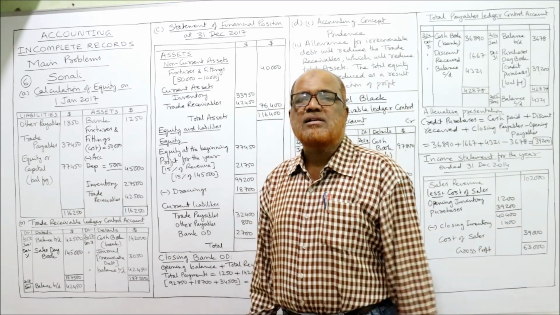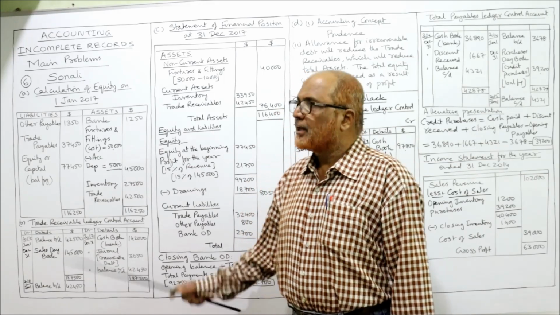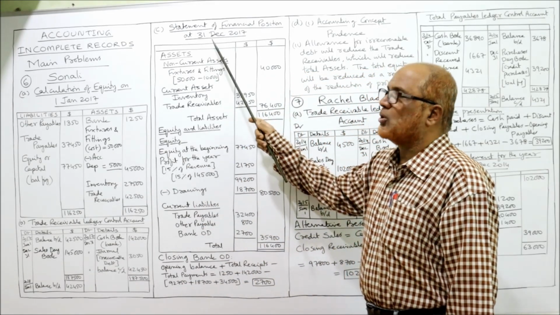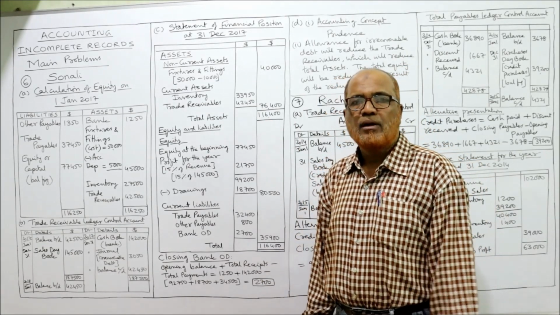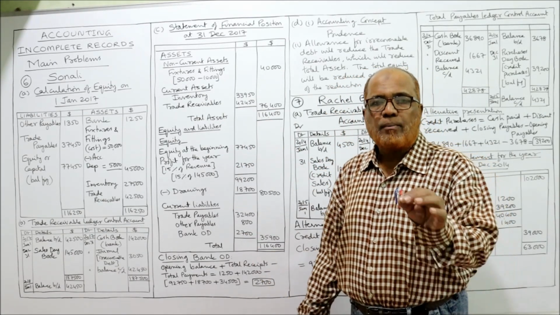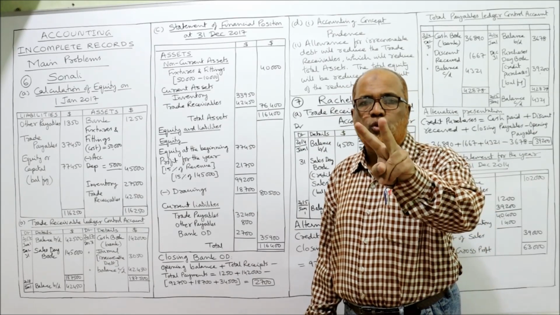Now the C bit asks you to make the statement of financial position. This is the statement of financial position on 31st December 2017, end of the year. The format you have to remember. The statement of financial position will have two parts.